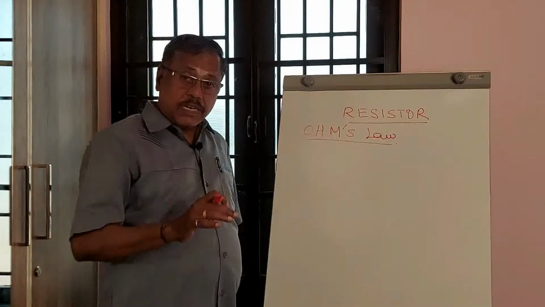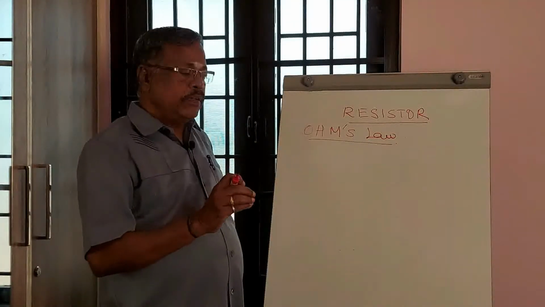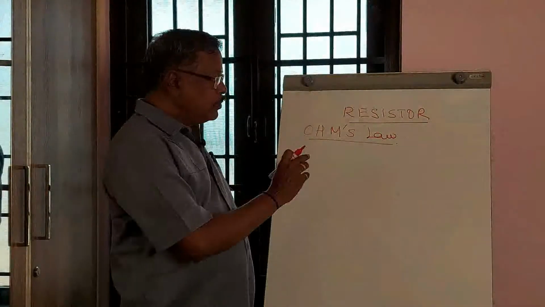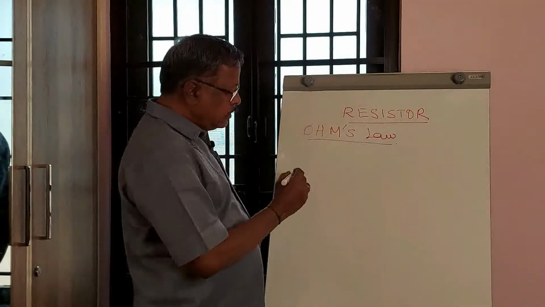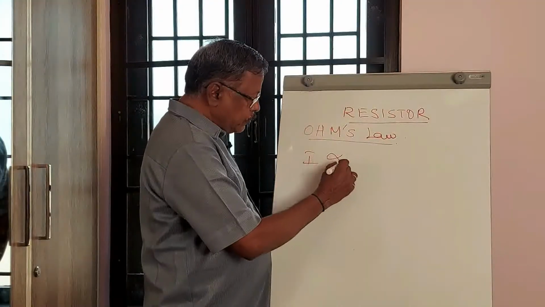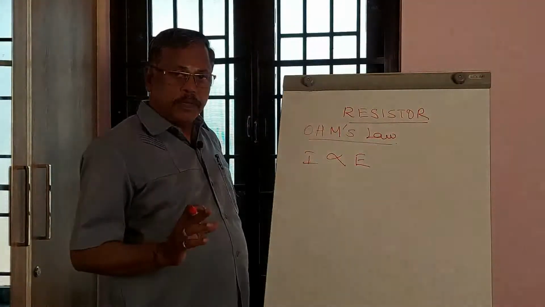The current flowing through a load in a circuit is governed by an important law called Ohm's law. Ohm's law states that at constant temperature, the current flowing through the circuit is proportional to the voltage applied across a particular component.